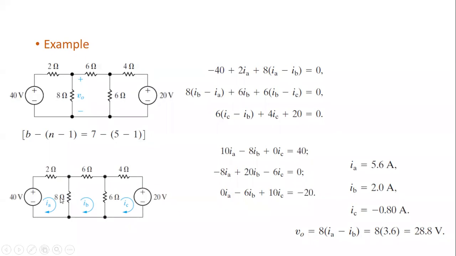IA minus IB. Okay, and why is that? Current flow. Yes, this is the current flow, but can you elaborate more, please? They're going opposite sides.